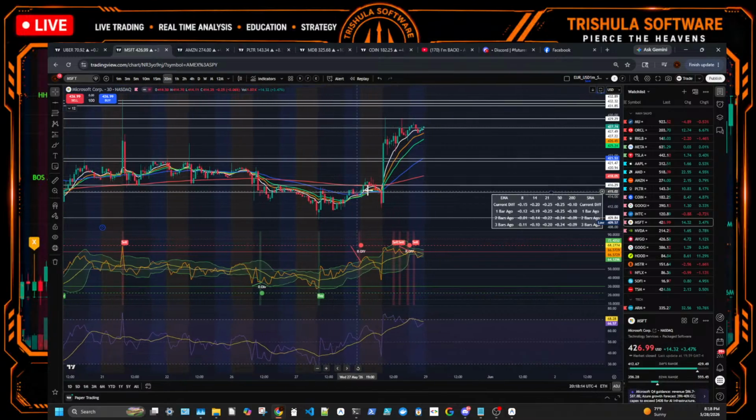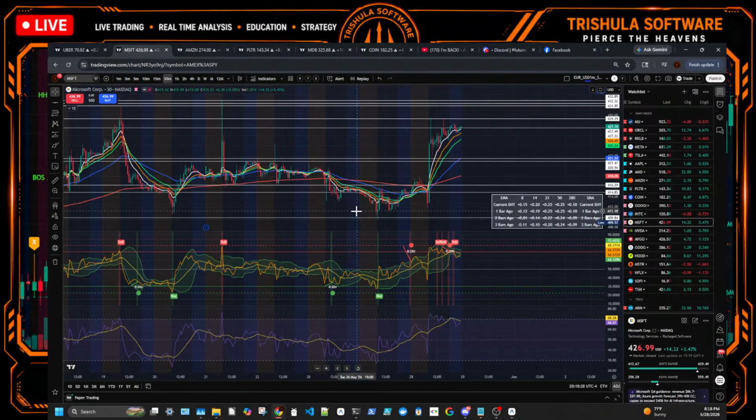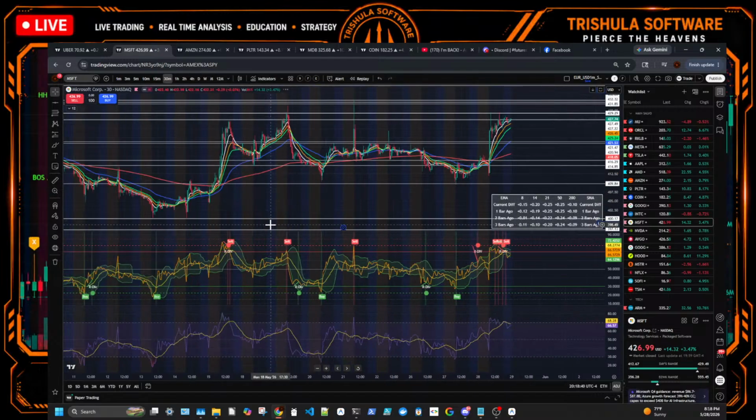So how I figured that Microsoft was going to keep going up, even though I figured I was going to go 0 for 3 today just scalping plays throughout this first hour. Let's go back to where I initially marked my levels. I have this level down here at 409.80 that's already marked. Now I'm looking at everything above this, every time a green candle hits, as there are buyers here.